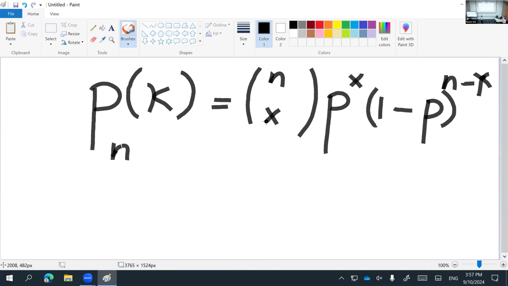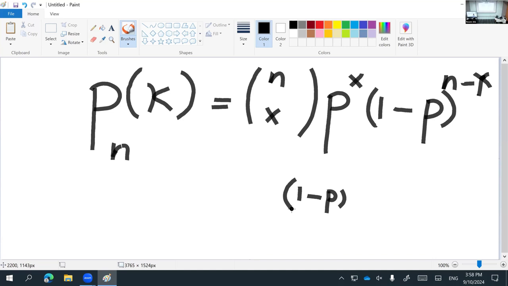In fact, numerically, the probability of 3 defective pairs of shoes given 1,000 is equal to 1 minus P to the power of 997 times P to the 3. P is defective.